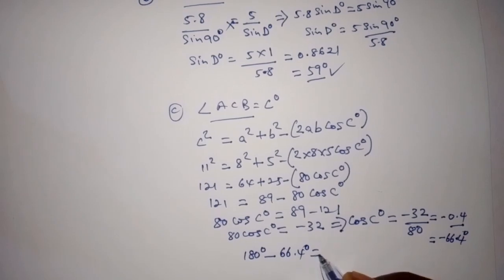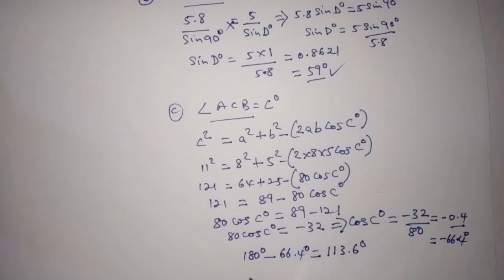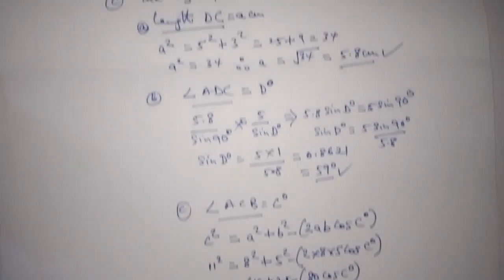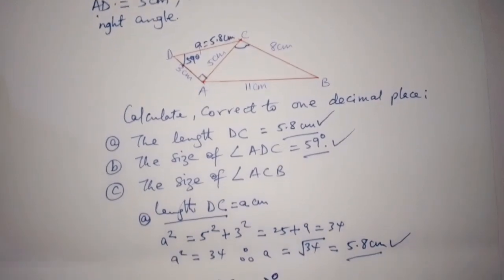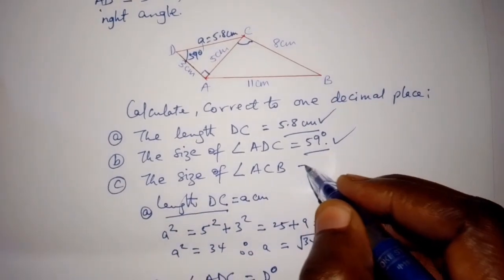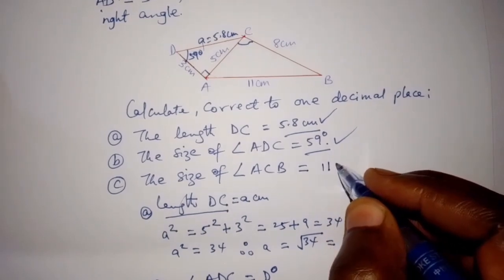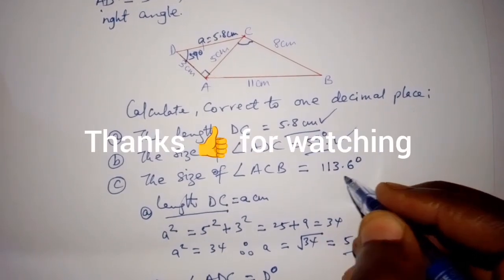That is giving us 113.6 degrees. So our C degrees will be 113.6 degrees. So our angle ACB is 113.6 degrees.